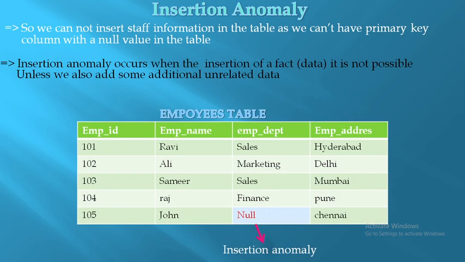As we know that they have not assigned any department to that particular staff, what they can do is randomly write any department name in their database, and they can save that particular data. So insertion anomaly occurs when we want to insert the fact, that is nothing but data, and it is not possible unless we also add some additional unrelated data. This is insertion anomaly.